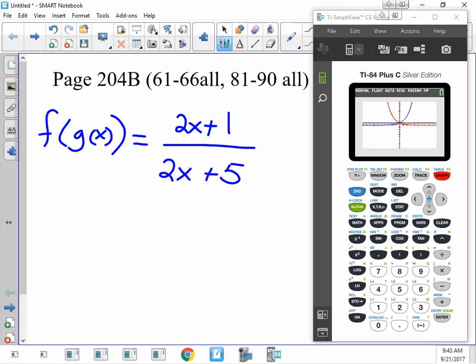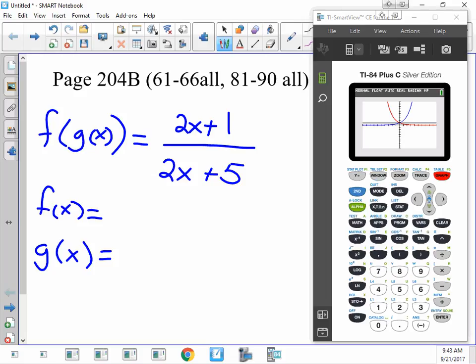And it will ask: f of x equals what, and g of x equals what? Well, kind of. They're not anything, but there are several ideas that might work.